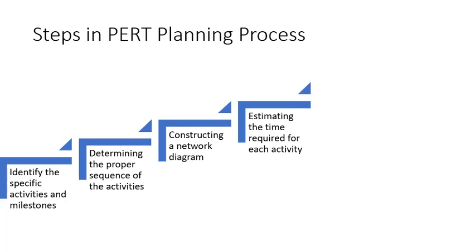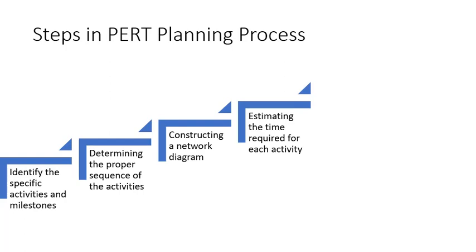Weeks are commonly used, but any reliable unit of time can be used, like days or even months, depending upon the nature of the project and the deliverables. So that is the fourth step.